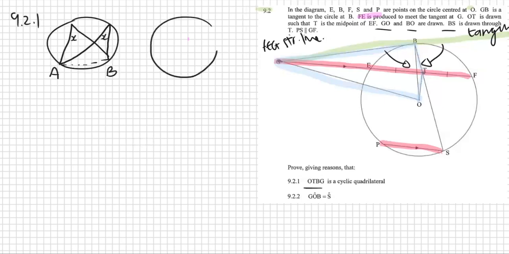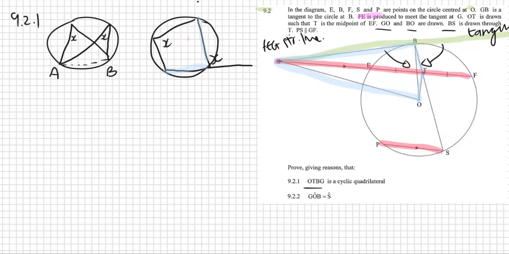The other way is the external angle of the cyclic quad. This needs to be a straight line. So this angle, the exterior angle of the cyclic quad, if you go along these 2 lines, you find the angle that doesn't touch either of those lines. That's the opposite interior angle. And they will be equal to each other.